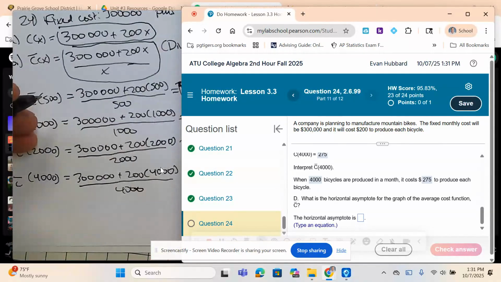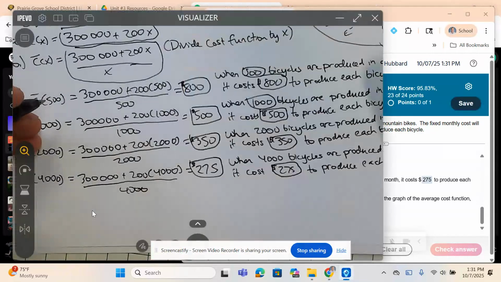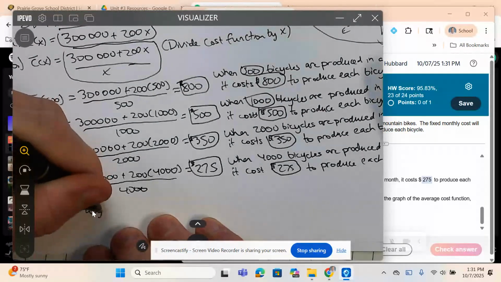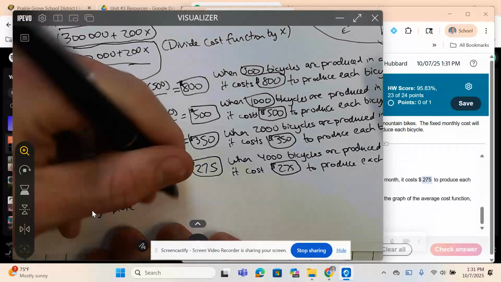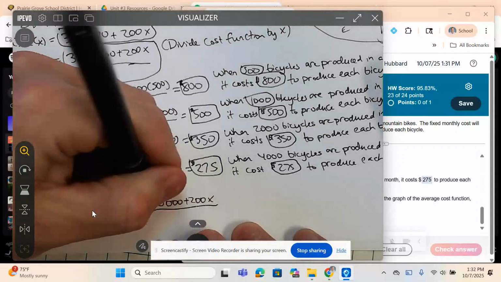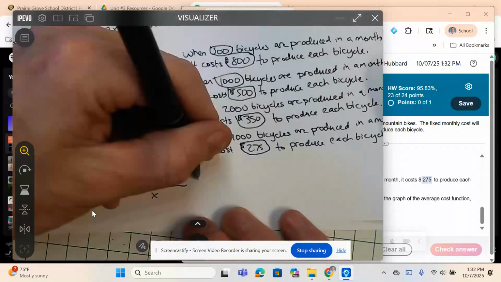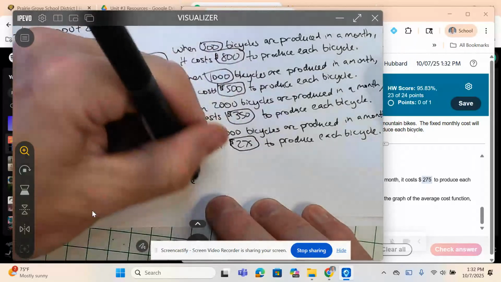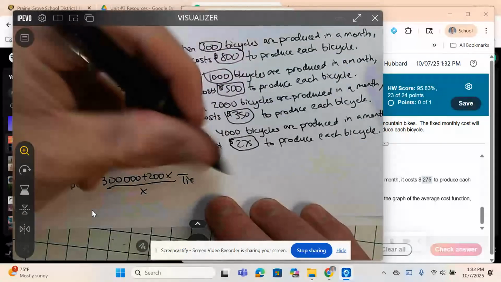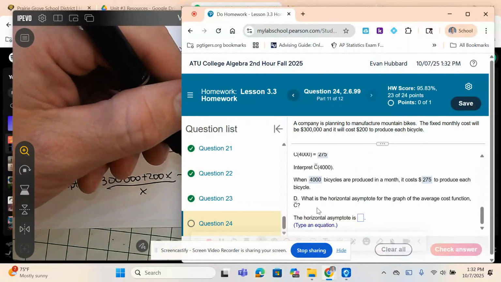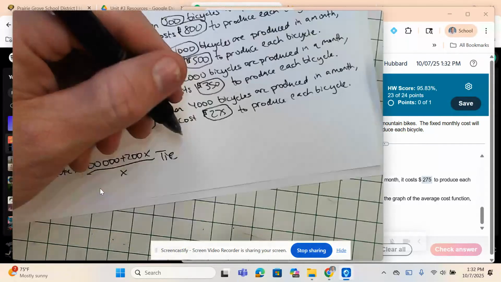All right, so now for D, horizontal asymptote. I'm going to write down the equation again. 300,000 plus 200x divided by x. It's a tie, so when it's a tie, you do leading coefficient at the top divided by leading coefficient at the bottom. I'm not sure if they want us to write y.